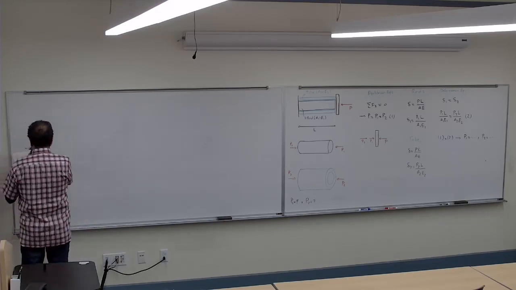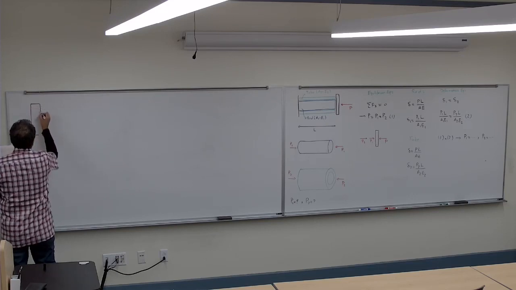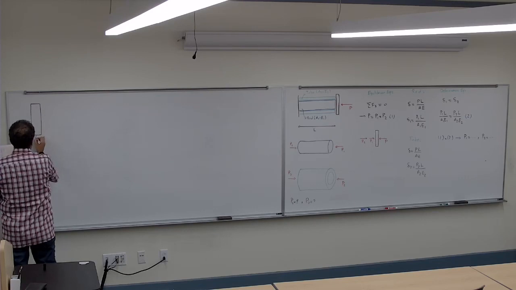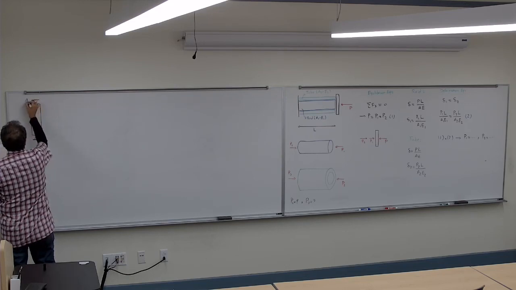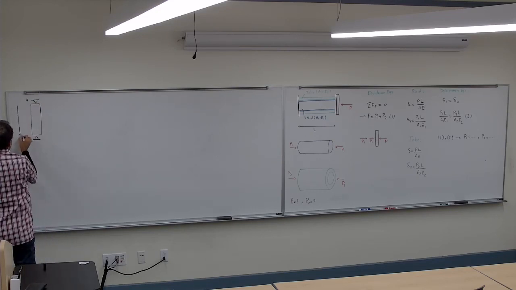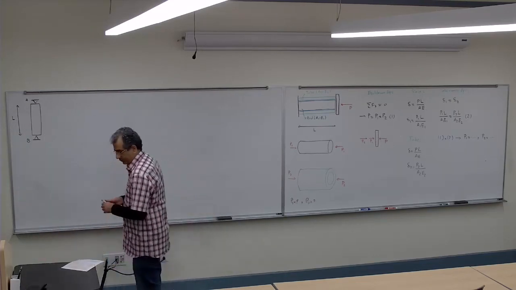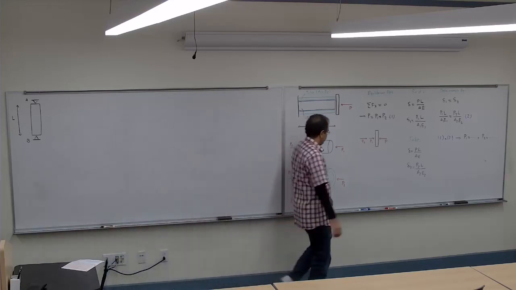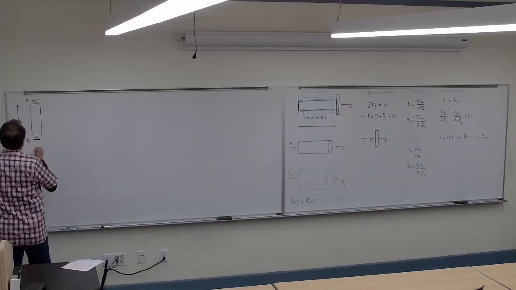Okay, let's look at another example. So assume we have a bar like this, and there's a point A, point B, with length L, and there's a point C somewhere here.